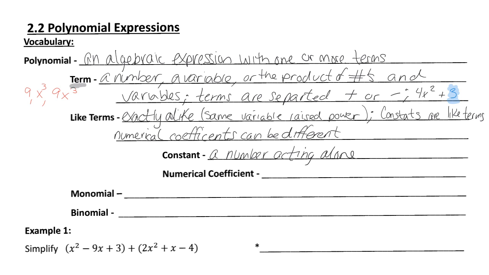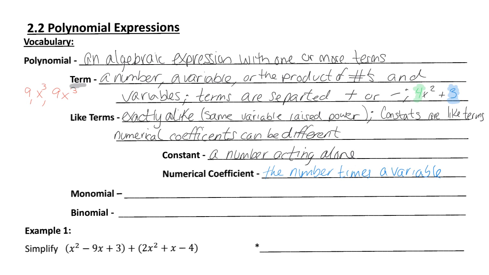Then a numerical coefficient is a number times a variable. So that would look like the 4 in front of the x squared. That's our numerical coefficient. So make sure you see the difference there.